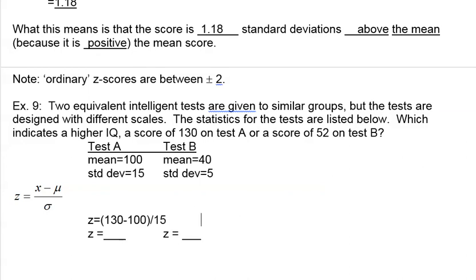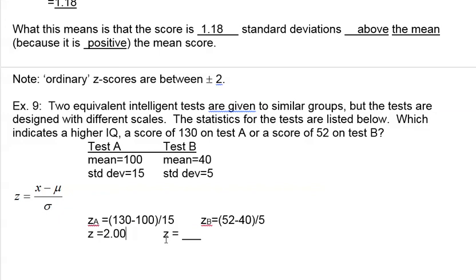On test B, we're looking at a score of 52 minus our mean divided by our standard deviation. Should probably put in a subscript here. So that's Z_A, and that's Z_B. So our first one works out to 2.00.